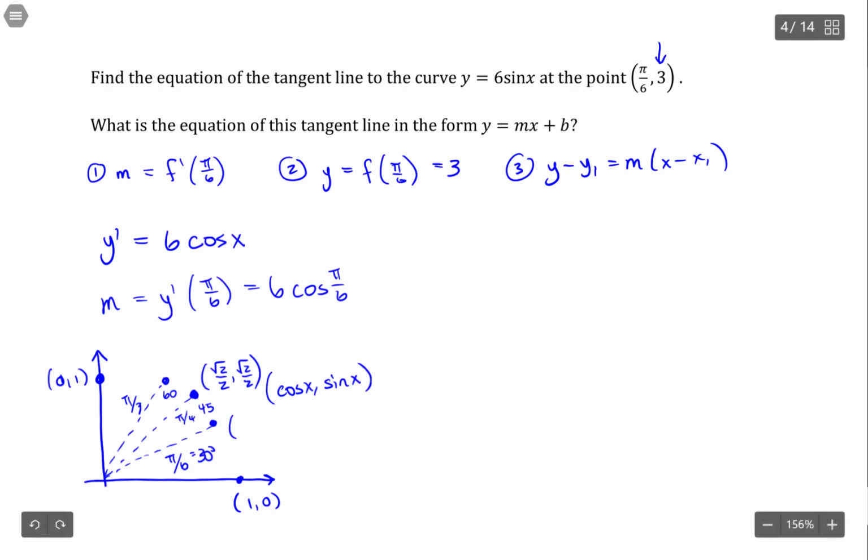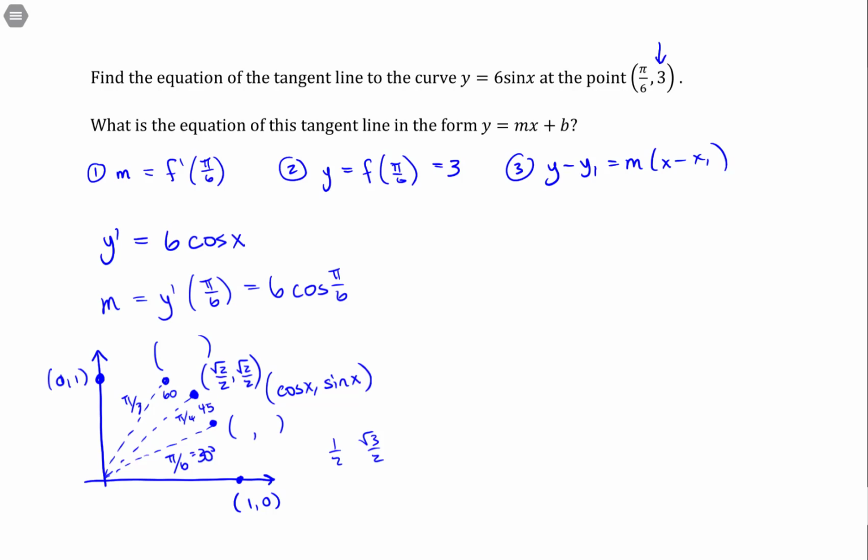Now, we just have to know these points right here. Well, the thing to keep in mind is that this particular point right here is further in the x direction than it is up. And the coordinates of this point are going to be 1/2 and root 3 over 2. Those are the remaining values. You just have to remember which one is which. Well, root 3 over 2 is bigger than 1/2.